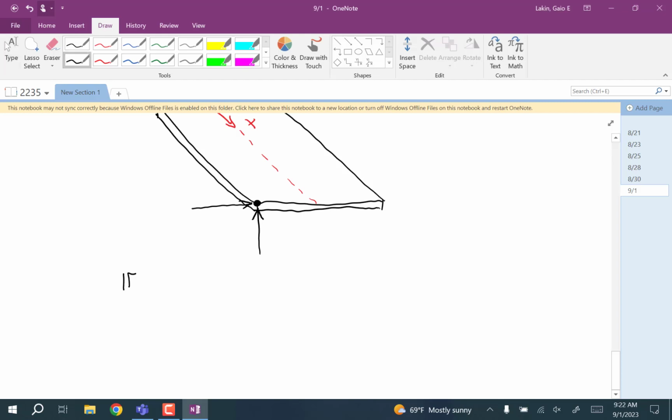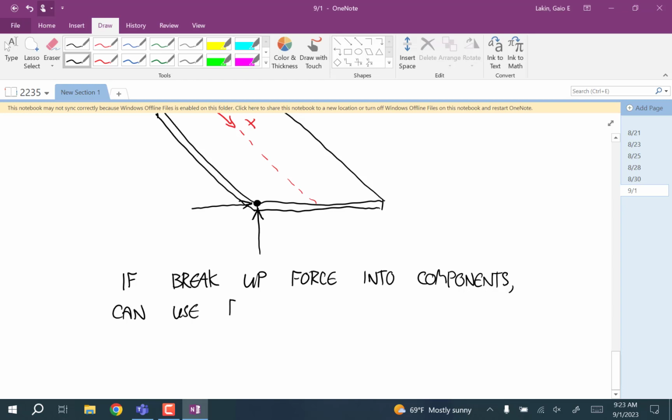So if you break up your force into components, you can use this right-hand rule on each component, and then just add up the results.